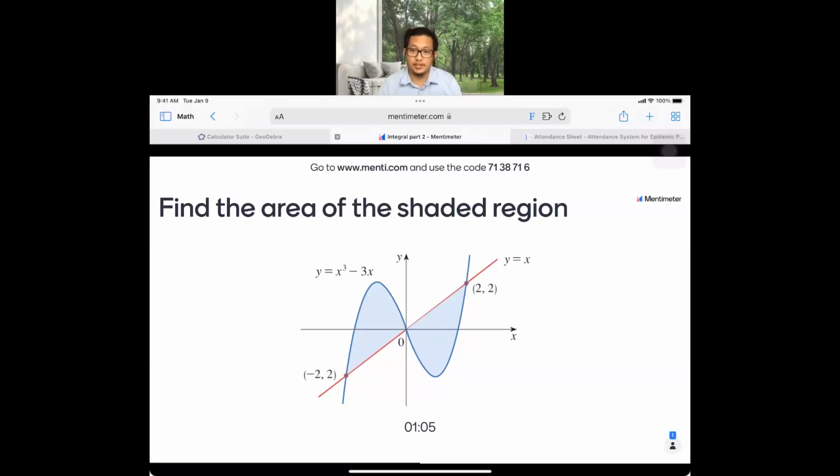You can use the symmetry, and then you can multiply by 2 at the end.